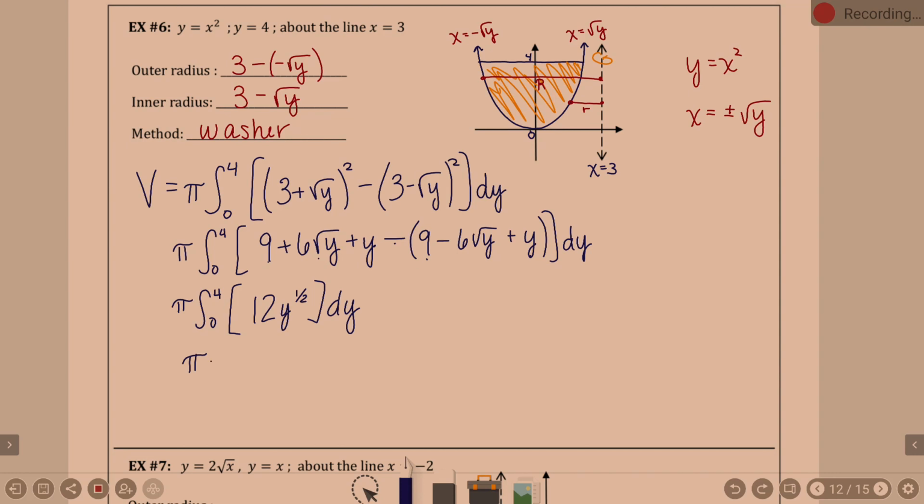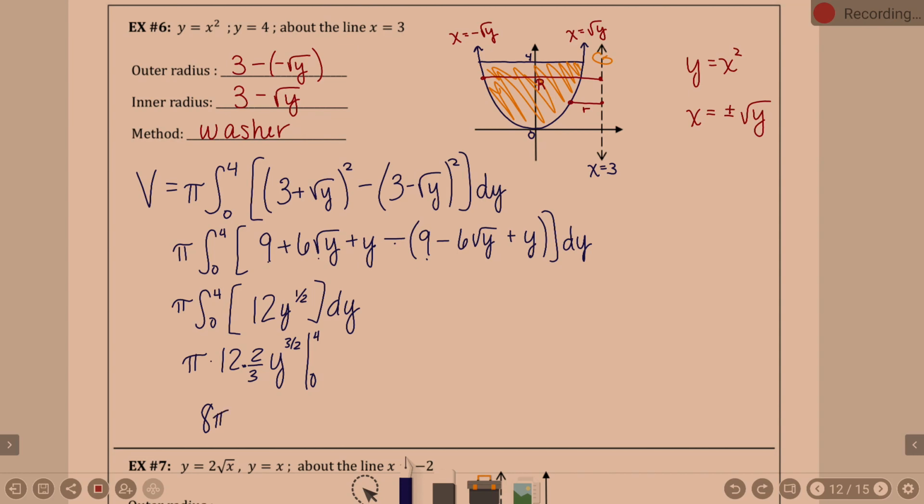Pi times, well, it works out to just be 8. The 12 times 2/3 is 8. So you're going to have 8 pi out front when you clean that up.